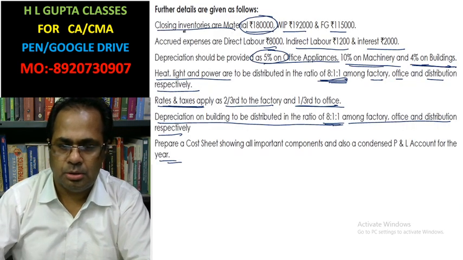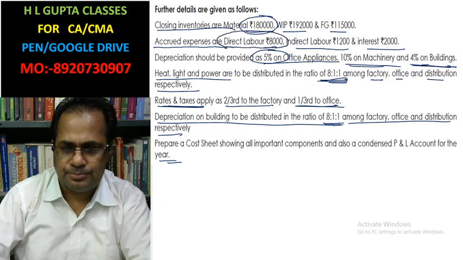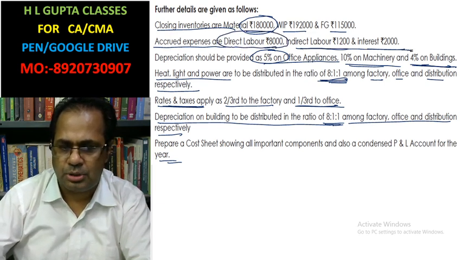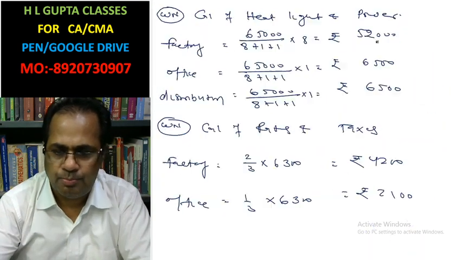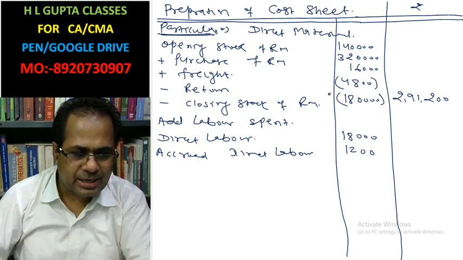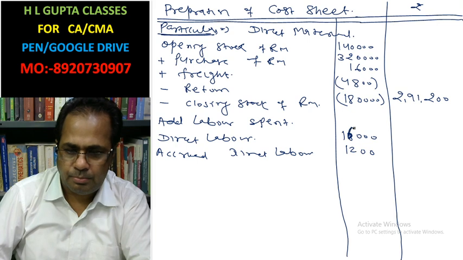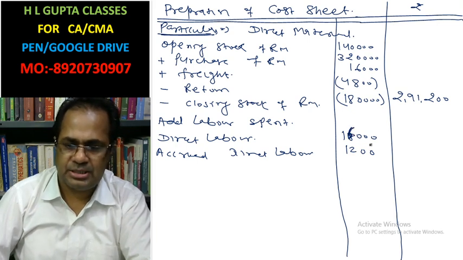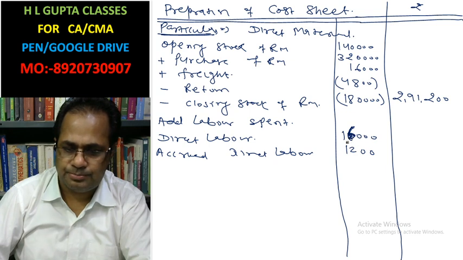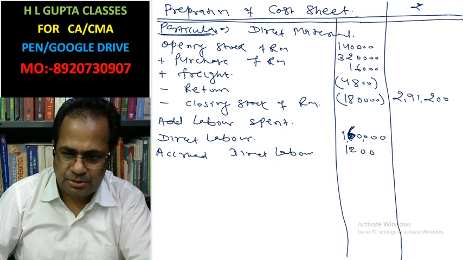Look at it. Accrued expenses, direct labor 8,000, indirect labor 1,200, interest 2,000. Direct labor 1,60,000. And this is 8,000.